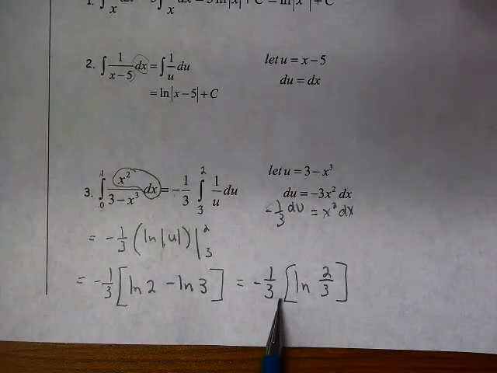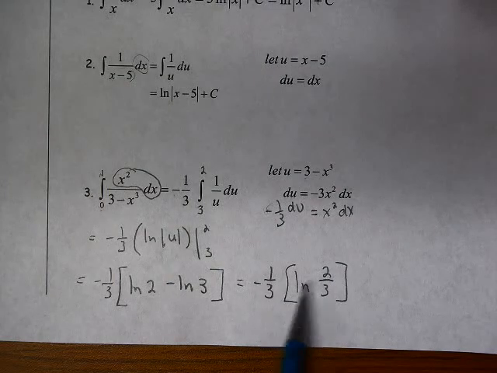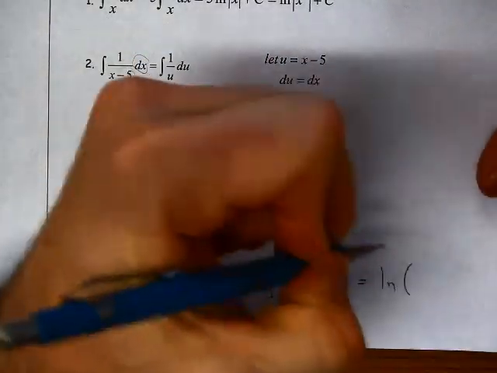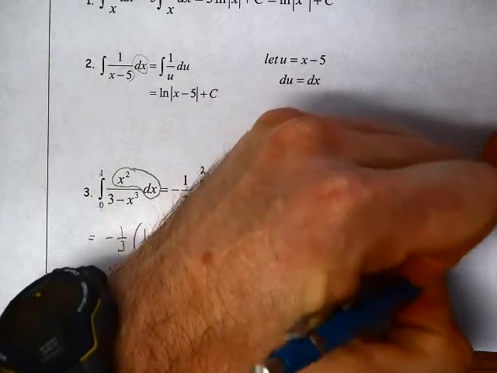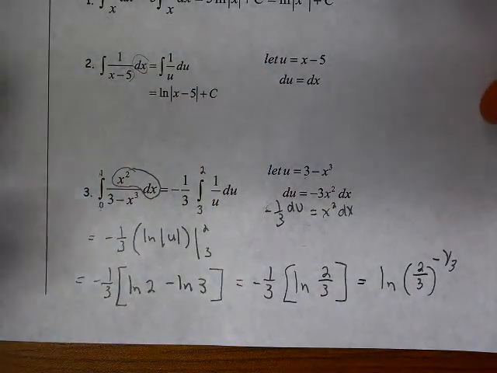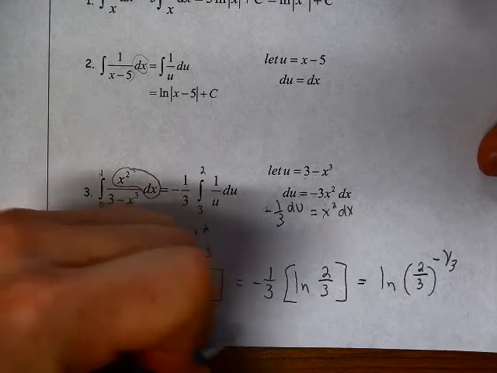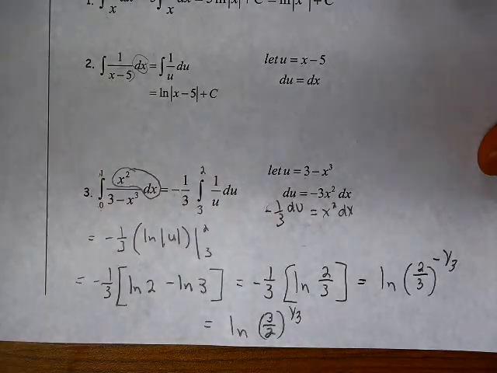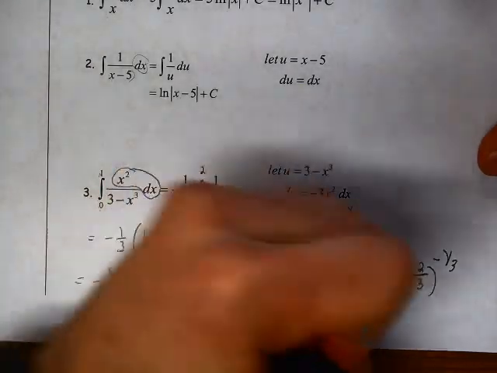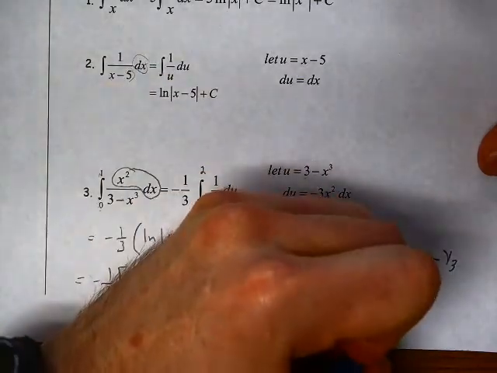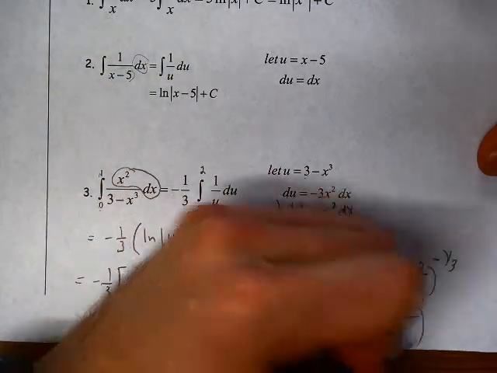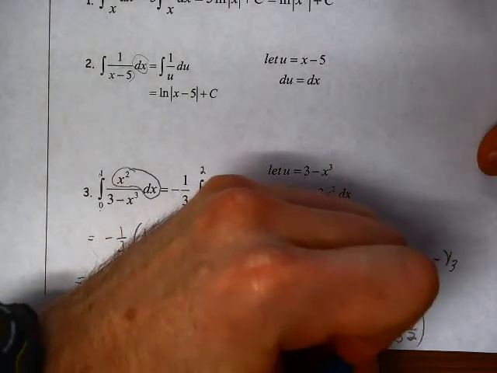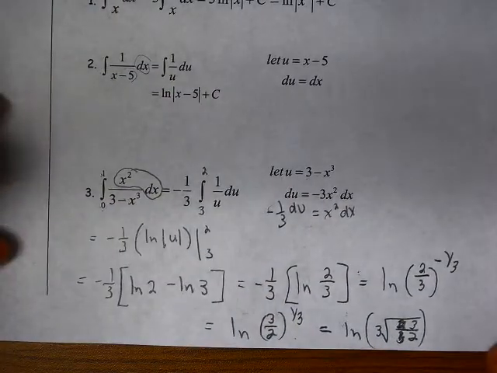And then I could leave it like this, or I could move this negative 1/3 to be the exponent of 2/3. We wouldn't want to leave it as a negative 1/3, but we could make that natural log of 3/2 to the 1/3, which we could also write as natural log of the cube root of 3/2. Sorry, we change it to 3/2.